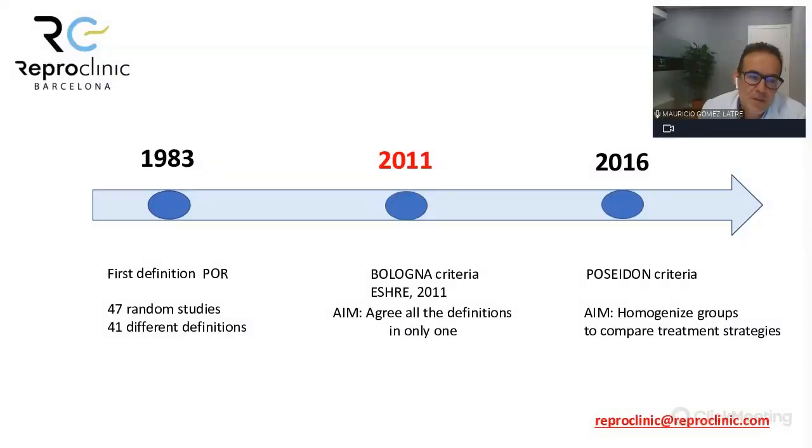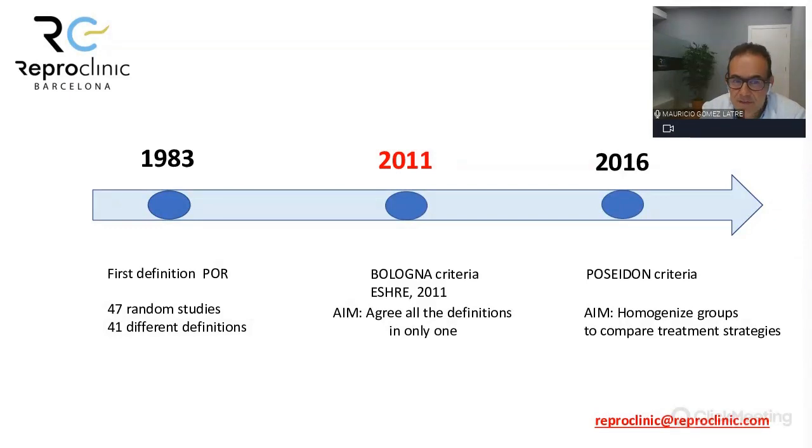Now, let's talk about the historical evolution of the concept of POR, or poor ovarian responders, as talked before. In the past, the lack of consensus on the definition made the proposed management of these patients very difficult to compare, and consequently, an ideal treatment had never been defined.